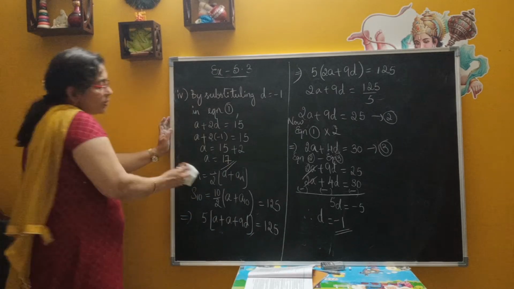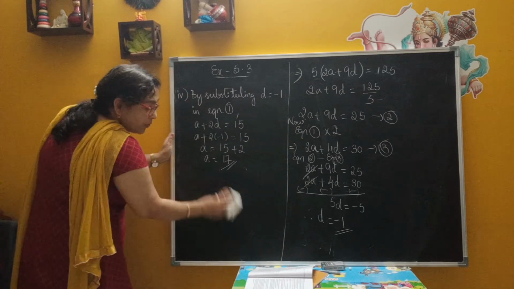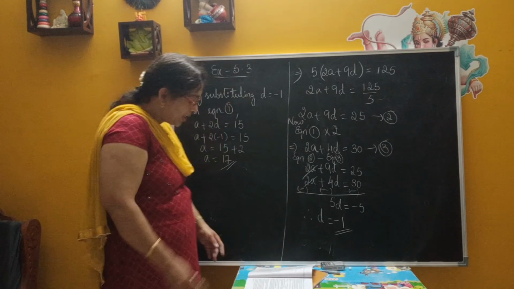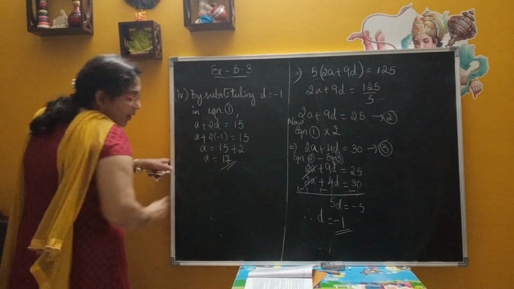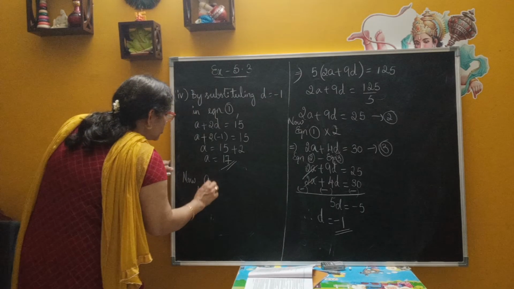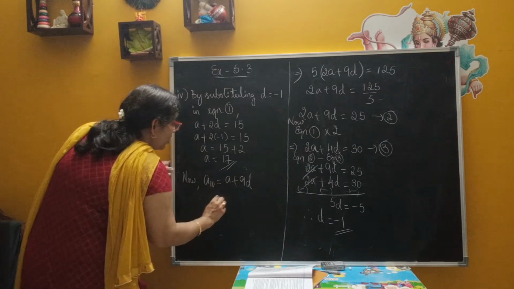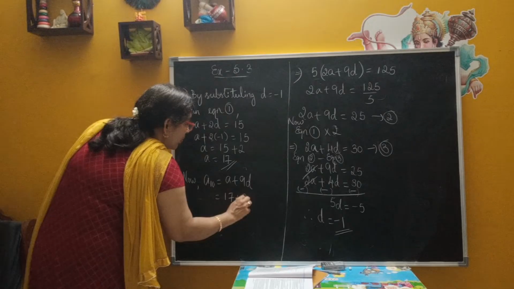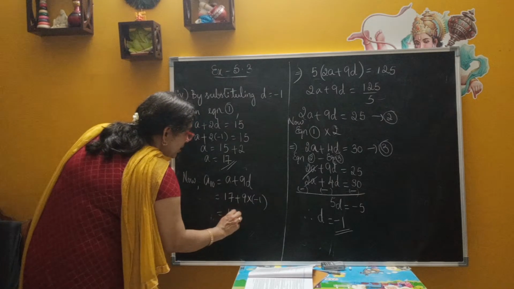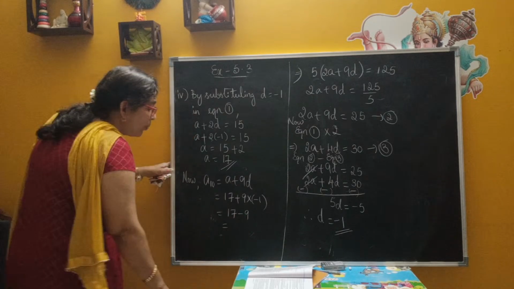Okay. Now we have the value of A as well as D. So we can find which term we want to find here in this question, A10. Finally, let us find the value of A10. Now A10 is equal to A plus 9D. So the A value, how much? 17 plus 9 into the D value, how much? Minus 1. So 9 into minus 1 is minus 9. 17 minus 9, how much?